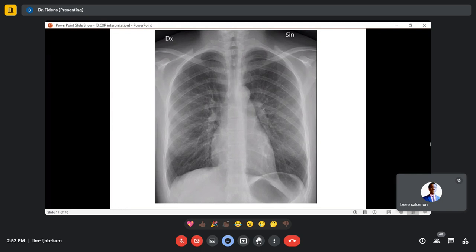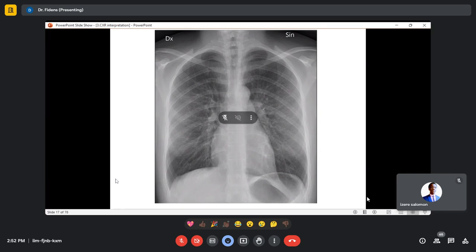Yes, please mute. I have seen that. First of all, there is over penetration because I can see the vertebral body well on the heart shadow, and I see that there is high vascular marking, more than normal on the right side, and not only on the lower side, but even above I can see high vascular marking.